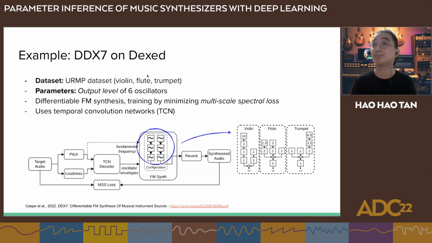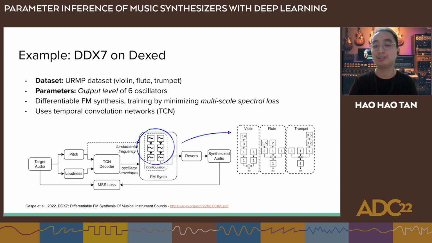There is some work that has been done. One is called DDX7. It's done on DX7, but actually it's not directly on the DX7. The author wrote his very own differentiable FM synthesis as well. In this case, the author fixes the modulating index and the configurations for each of the different instruments.